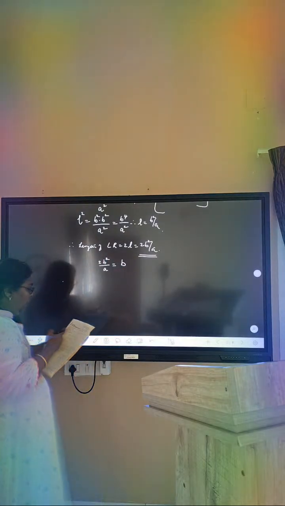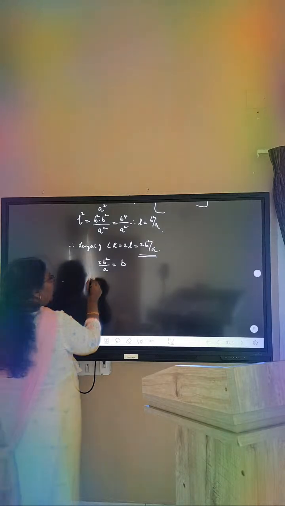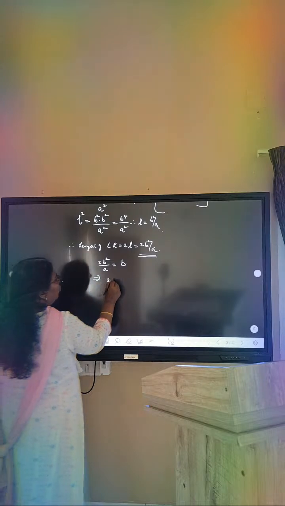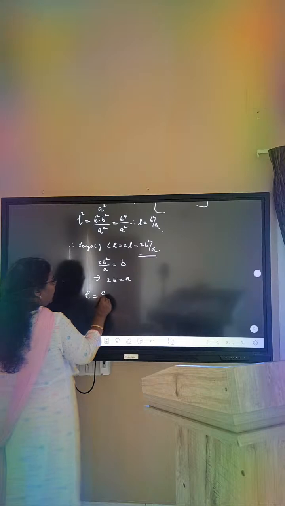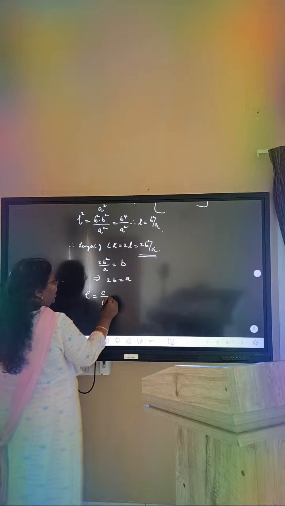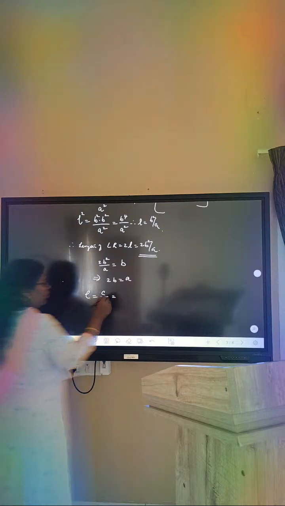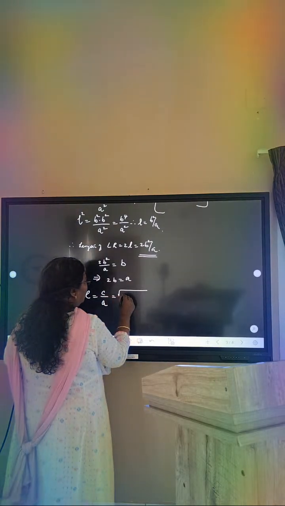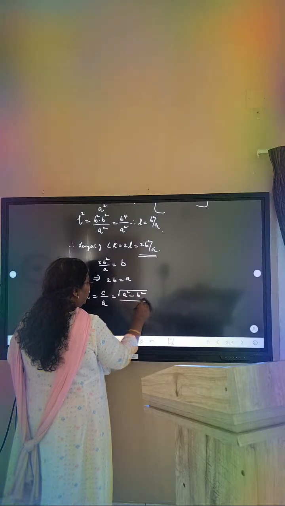Then what is its eccentricity? You have to find out what is e then. So this implies that 2b is equal to a. Eccentricity is equal to c by a, and c is equal to the square root of a squared minus b squared, divided by a.